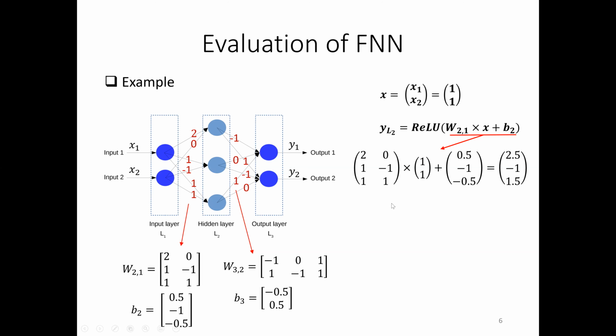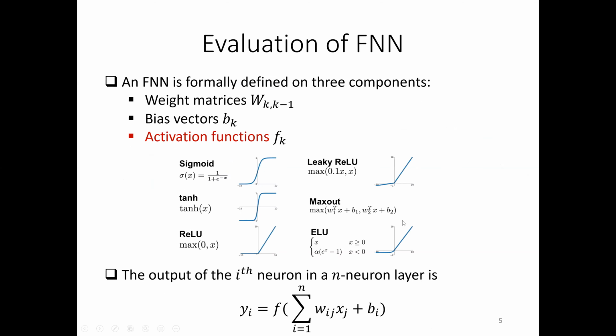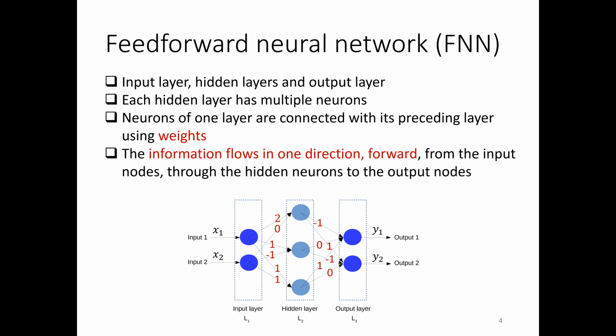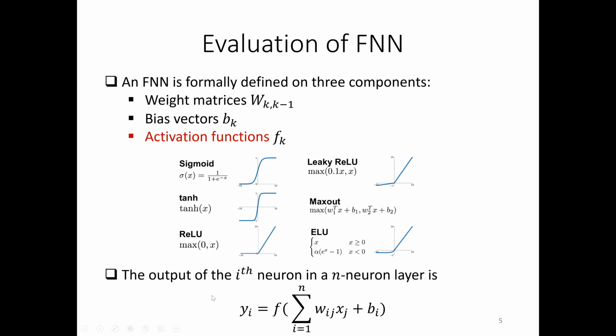And then you apply the ReLU on that input. Let me go back a little bit, sorry. The ReLU activation function is defined as max between 0 and x. That means if x is smaller than 0, then the output is going to be 0.